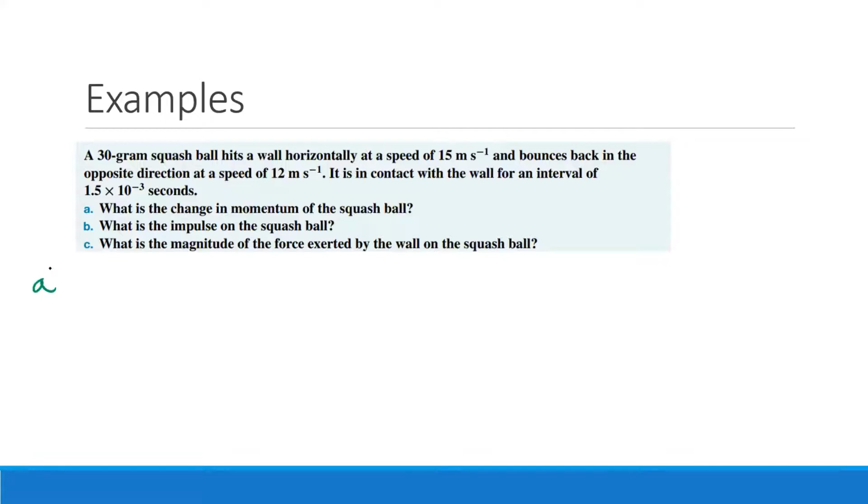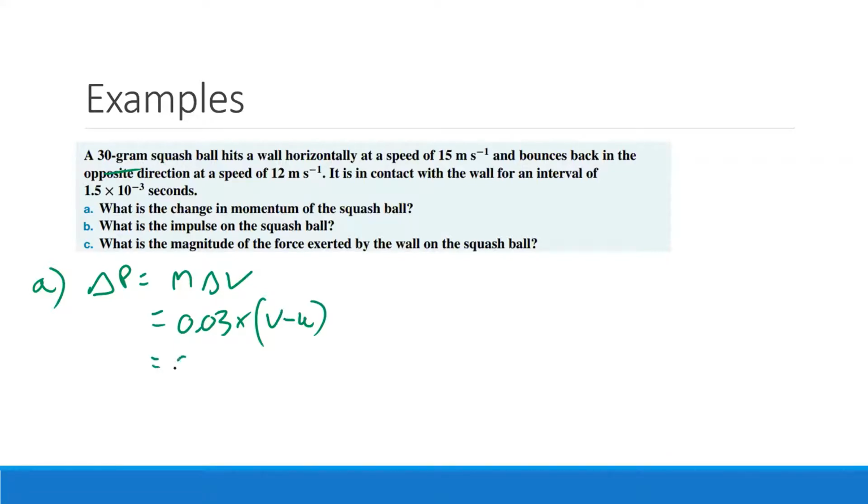Question A. What is the change in momentum? A change in momentum is going to be equal to the mass times the change in velocity, which is going to be 0.03 because we're going to change that into kilograms, times the change in velocity, which is going to be equal to v minus u.